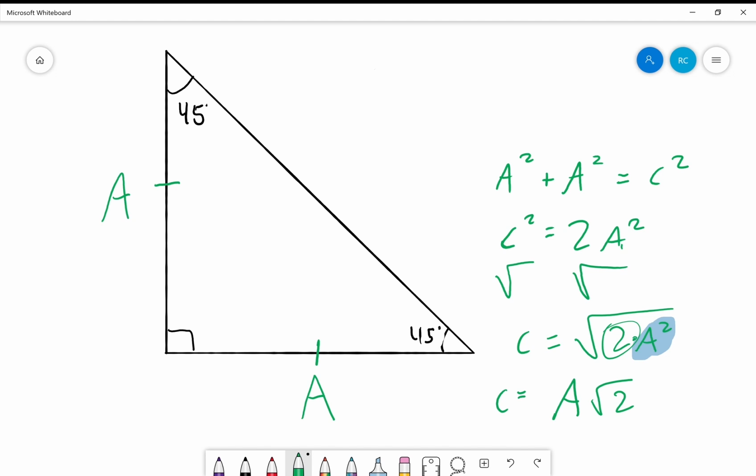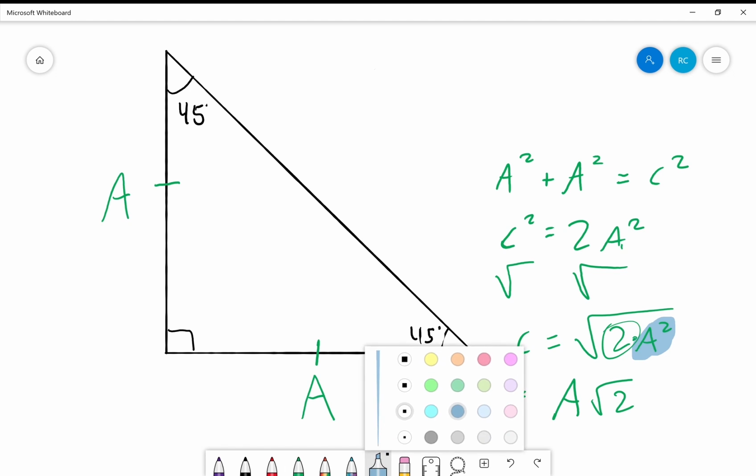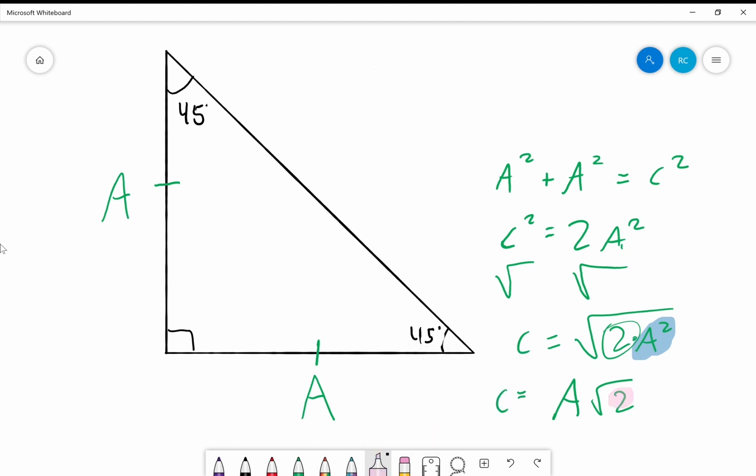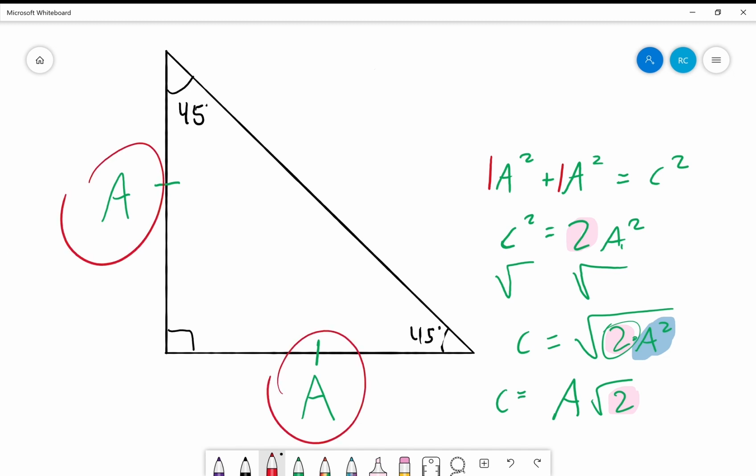Now, where did that 2 come from? Take a second and see if you can work out, where did this 2 come from? What is that in reference to? Why is it there? Take a second, think it over. Well, if you follow the 2 back, where it came from was the fact that there are 2 A squareds, as in there are 2 legs that you're adding together.